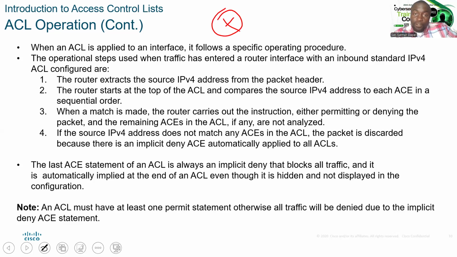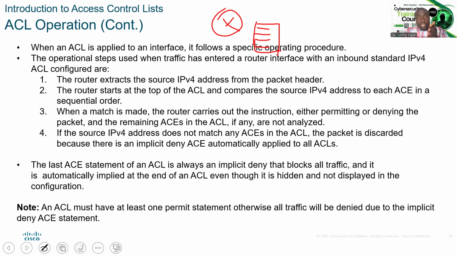Since it's a list, let's call it like this: this is the first, 1, 2, 3, 4. So there are 4 access list statements inside this router, and they are just instructions. Don't think of it as something big. It's just instructions that are written there.